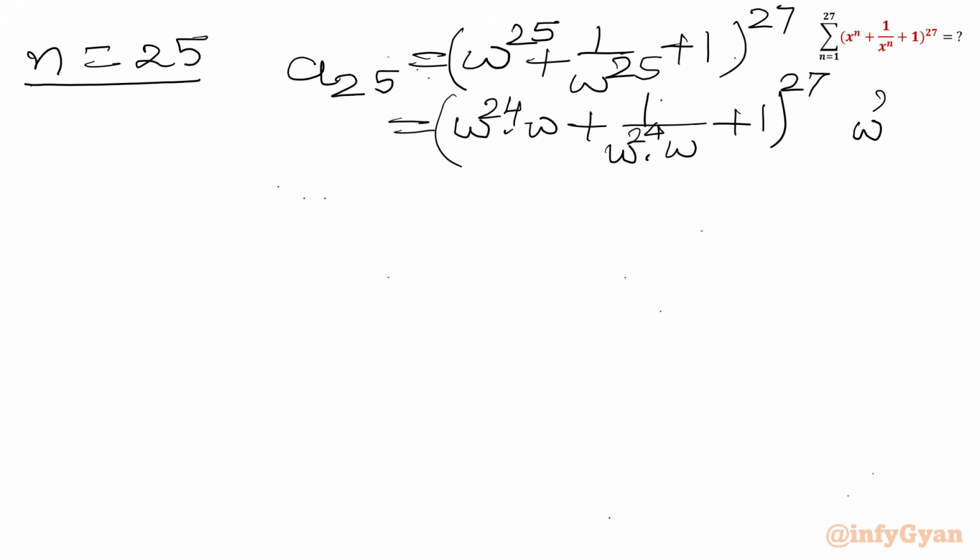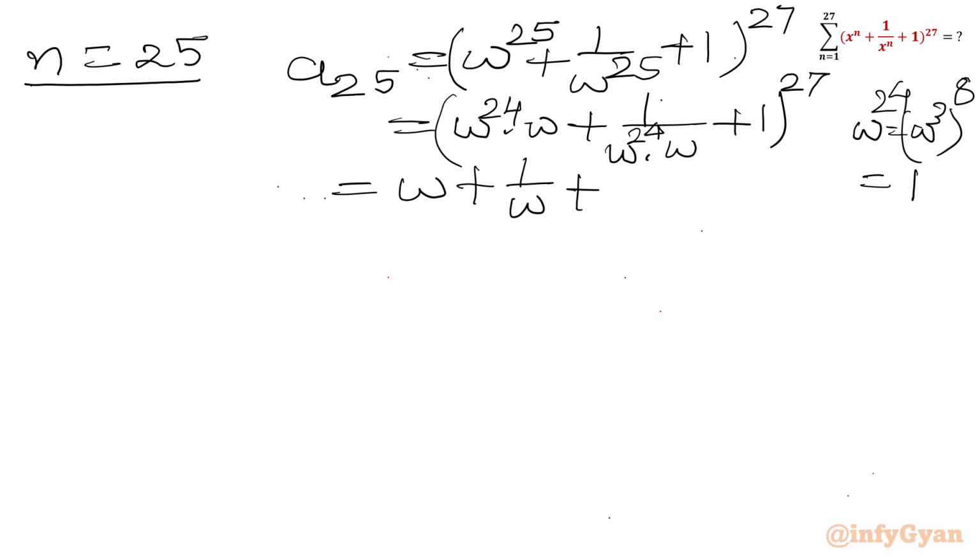Now omega power 24 is omega cube whole power 8. Omega cube is 1, so the value will be 1. So we'll be getting (omega plus 1 over omega plus 1) whole power 27. And this is equal to a1, and a1 was 0.